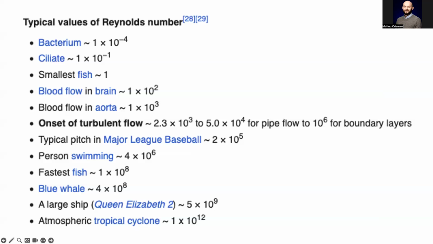Okay? And a typical pitch in Major League Baseball is about 10 to the 5, that's just about after turbulent flow starts to set in. So what folks really care about in these pitching labs is something called wake shifted or seam shifted wake.